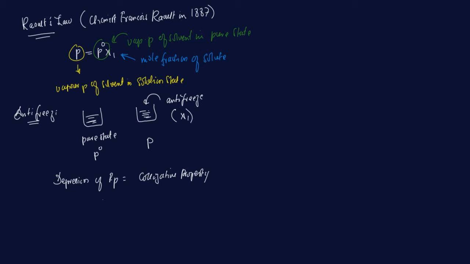We can have different types of colligative properties while studying the chemistry of solution, for example, elevation of boiling point, depression of freezing point, osmotic pressure, etc. These are different colligative properties which depend upon the number of solute particles rather than their nature.